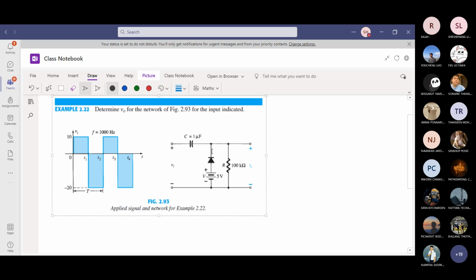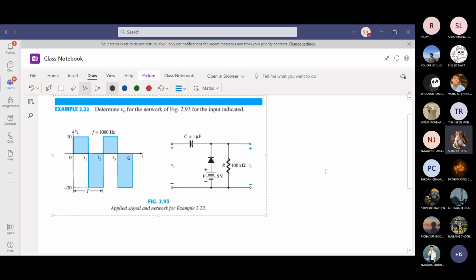The next student, Sipo. When the diode is on, which means during the negative half cycle, what is the output voltage that you will get when the diode is on? V out, how much would that be?